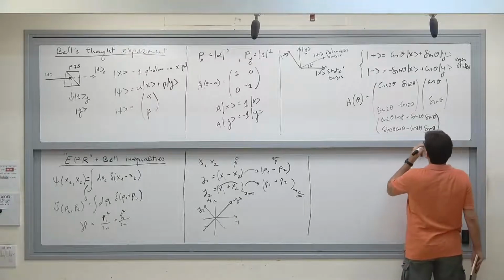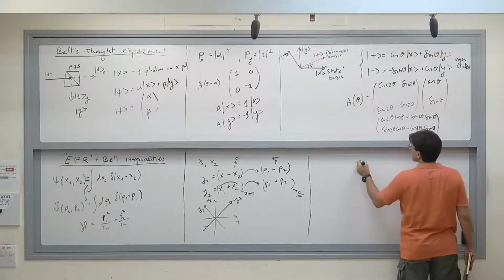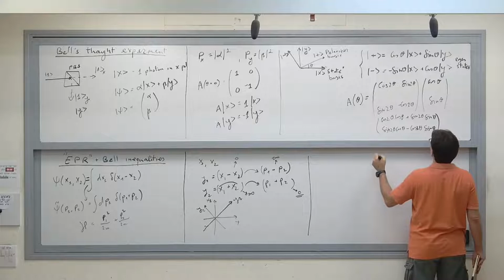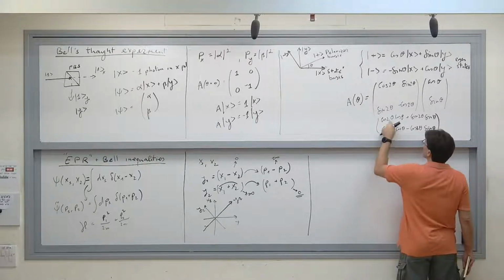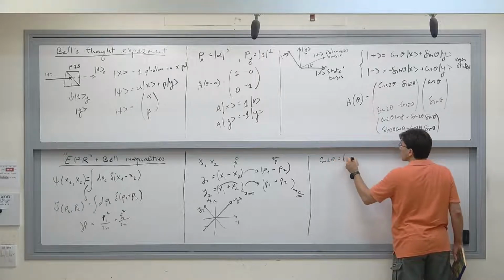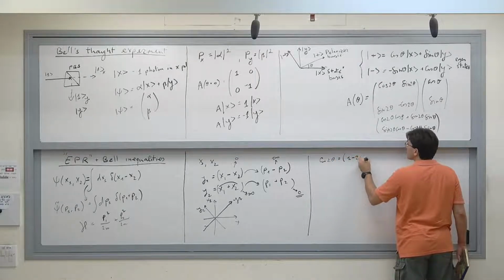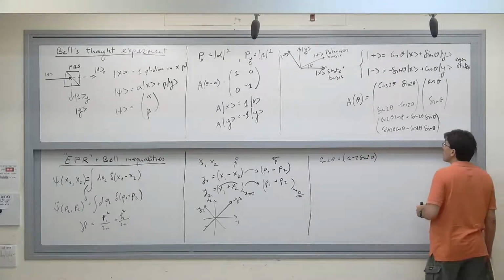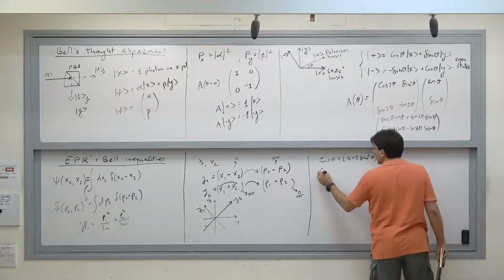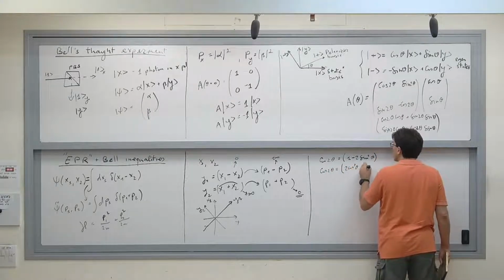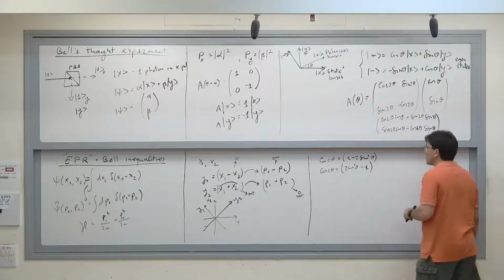Cosine 2 theta equals 1 minus twice sine squared theta, and you can remember also that cosine 2 theta equals 2 cosine squared theta minus 1. Both of them work.